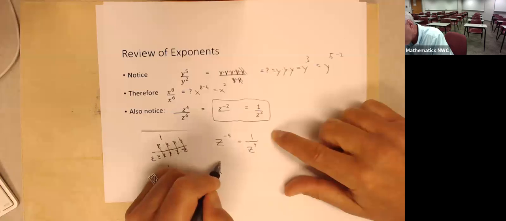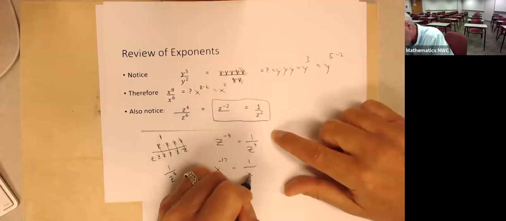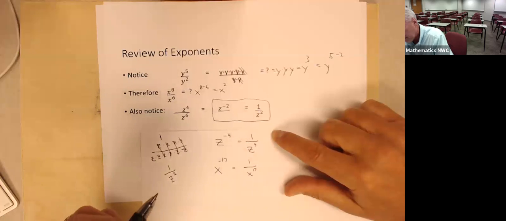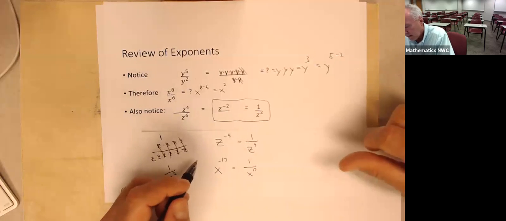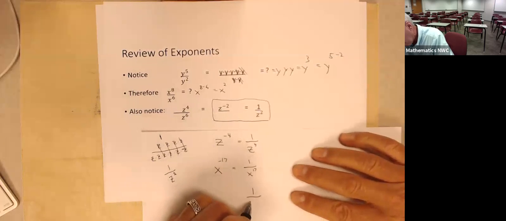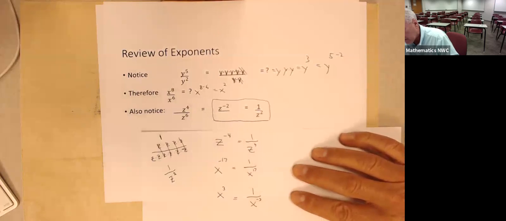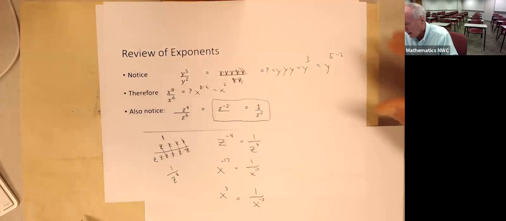If I have x to the negative 17, it's 1 over x to the positive 17. Okay? I could also go the other way and say, what happens if I had x to the negative 3 down here? I can move that up into the numerator and change the sign and make it a positive 3. All of these are examples of how we define a negative exponent.